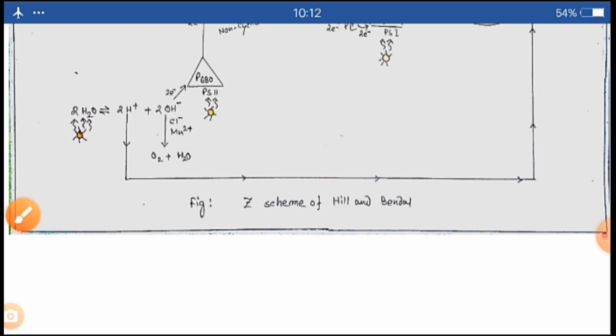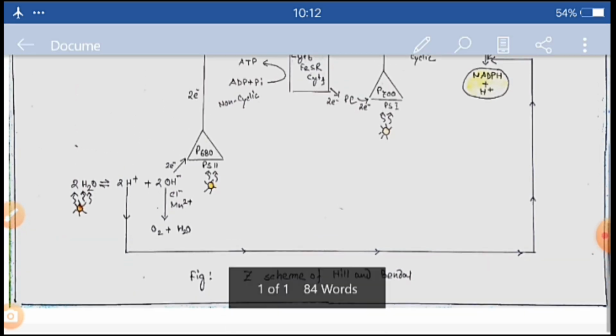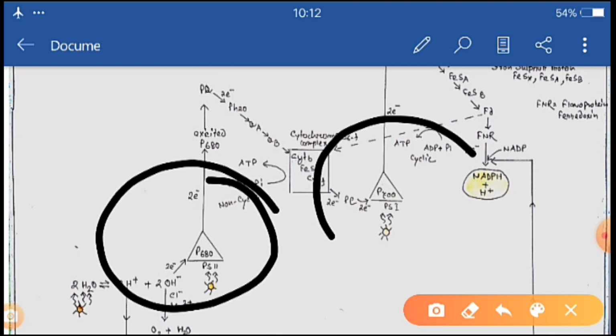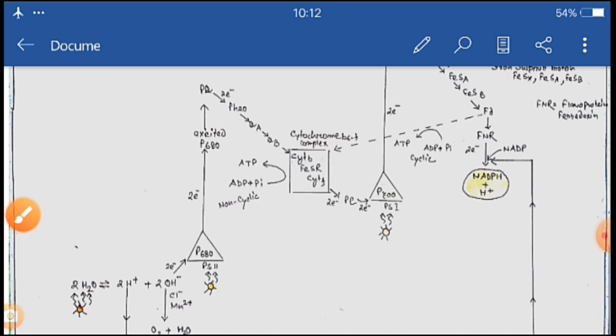Now the basic question is, what are PS1 and PS2? These are the pigments.